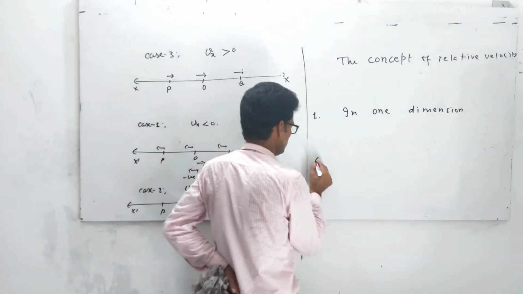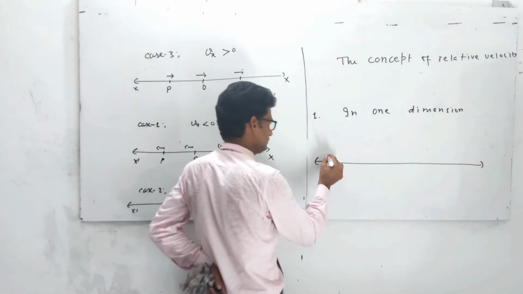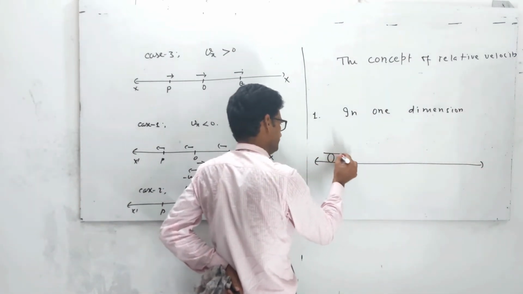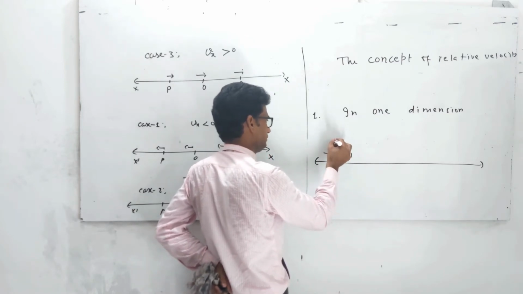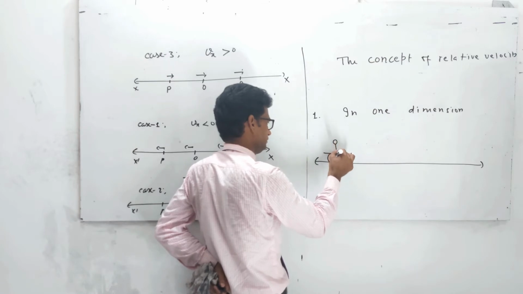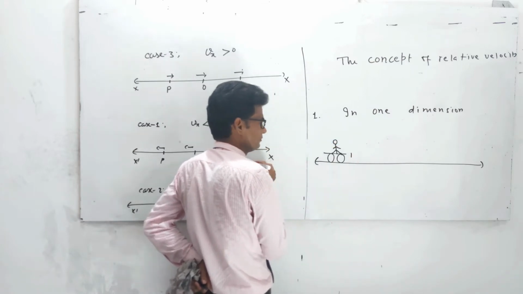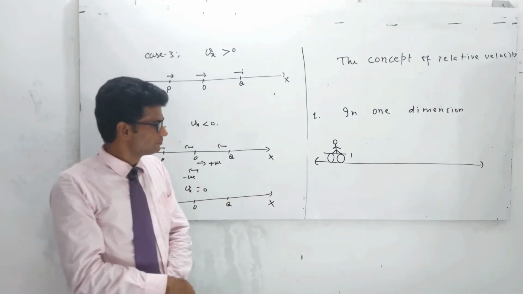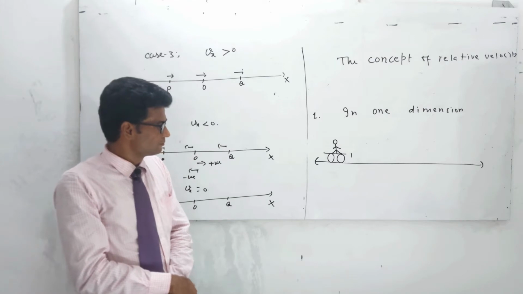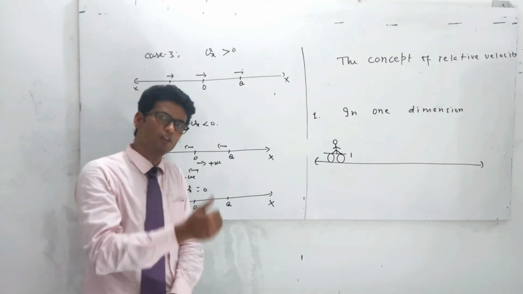What had we taken in the last class? We had taken trolley 1 and a person standing on the trolley 1, but he or she is not moving on the trolley.